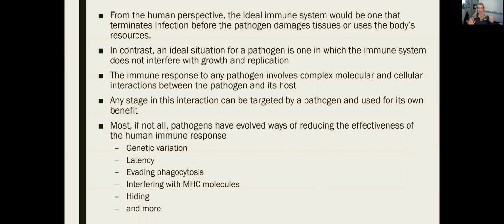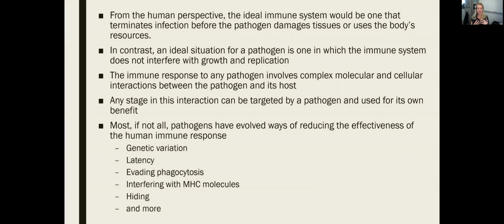Now, the immune response to any pathogen, as we've seen in our talks, is that there's going to be a lot of complex molecular and cellular interactions between the pathogen and the host. We know that a lot of receptors have to meet up with their ligands, and there's signaling that occurs.